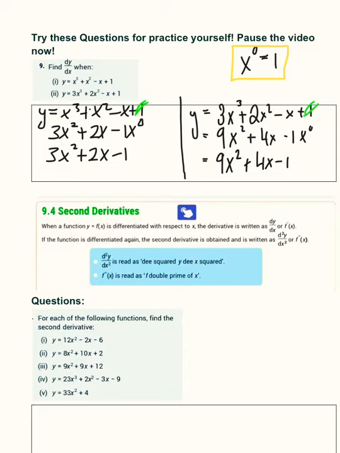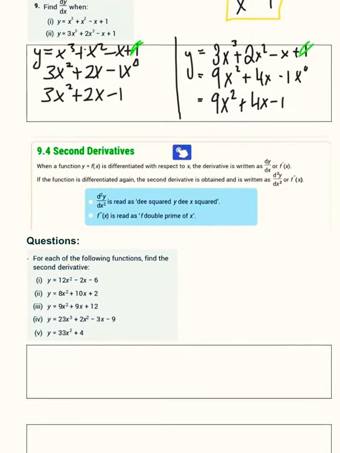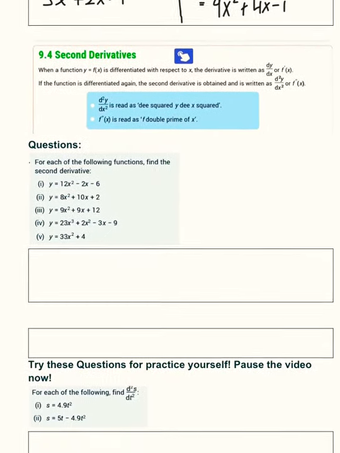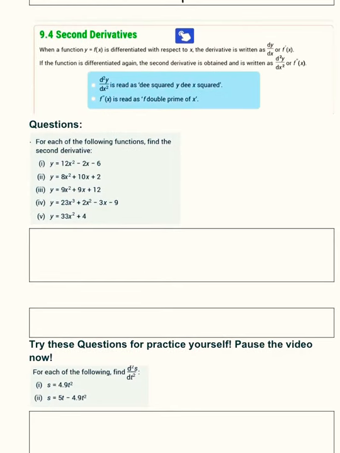So I hope you got on okay with those. That's first derivative done. Let's move on to our second derivative. The second derivative is derivative the second time around. In order to find the second derivative, we must first find the first derivative and then take that answer and follow the procedure again.